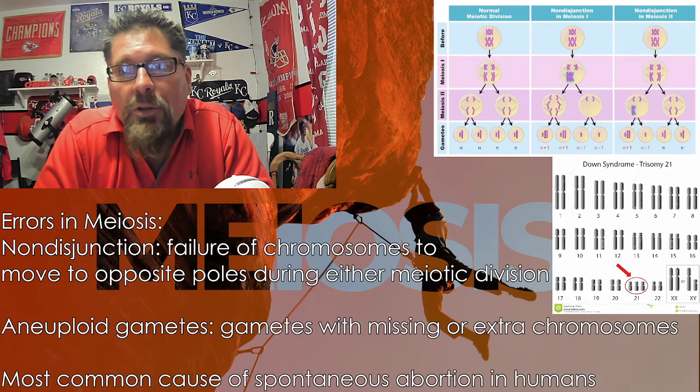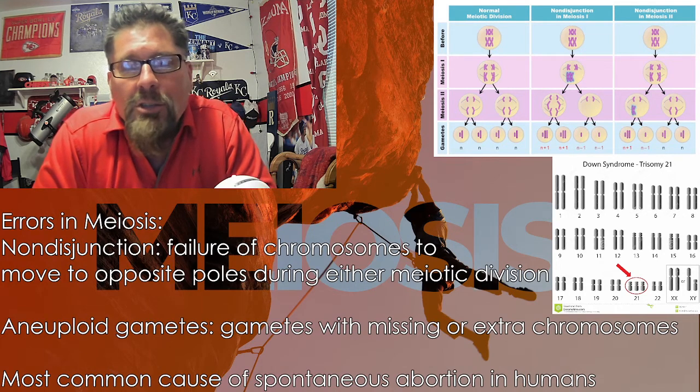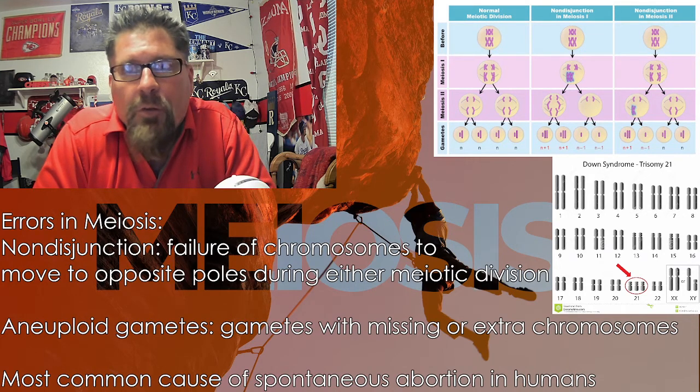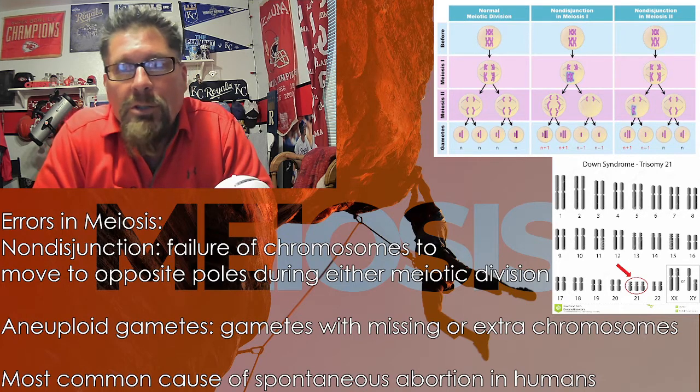In other words, if you've got two homologous chromosomes, in other words, 4 sister chromatids, you can have the situation where 3 of them are pulled to one end, in whatever way that can happen, and 1 to the other.